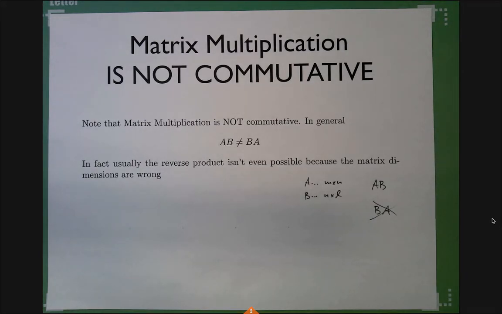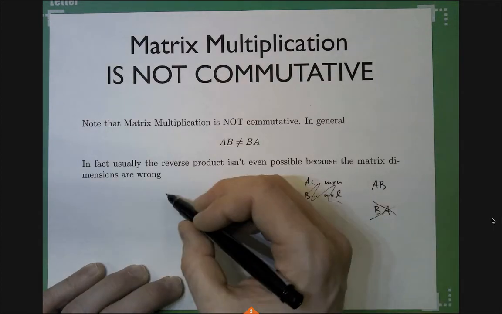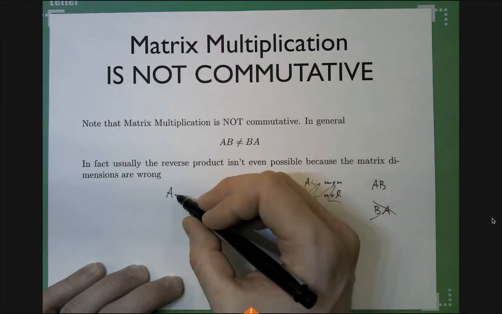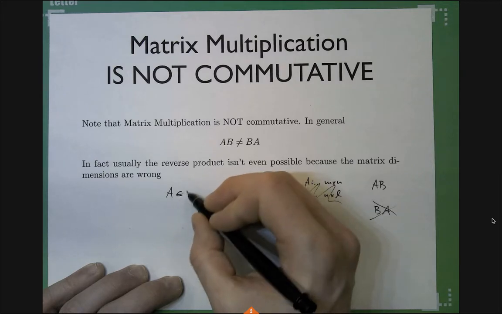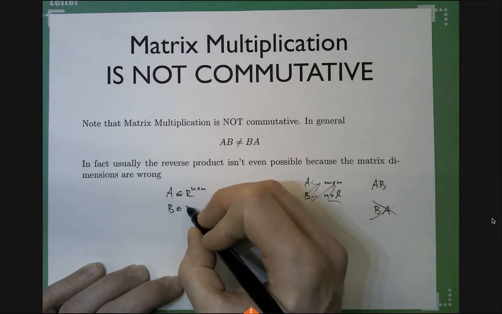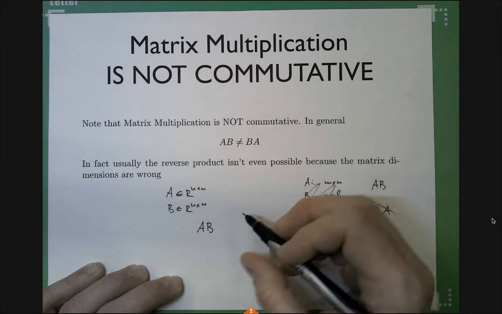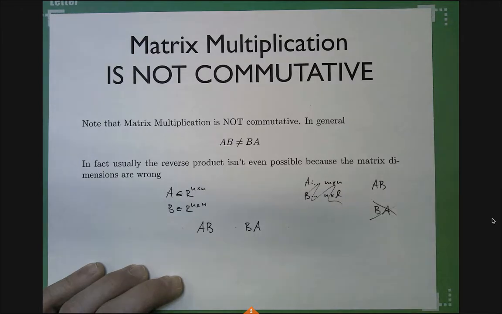Okay. But I could look at just square matrices, and in square matrices it does make sense to form both products, right? If A is an n by n matrix and B is also an n by n matrix, then certainly both AB and BA are defined, except that they are not always equal.